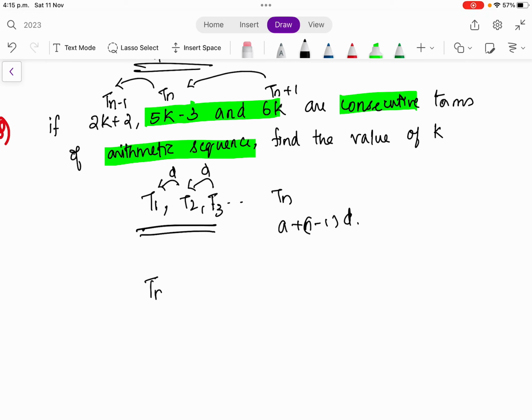If you have Tn minus 1, Tn and Tn plus 1 terms, these are three consecutive terms. So how did I write this? This is Tn, so the one before will be n minus 1 and the one after will be n plus 1.